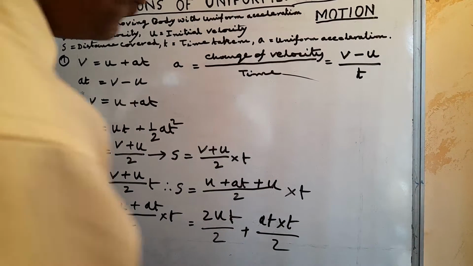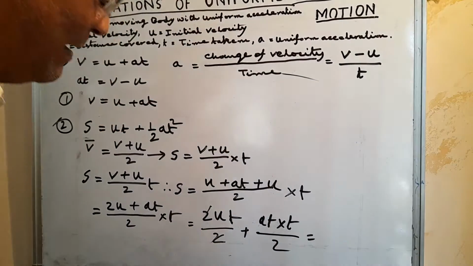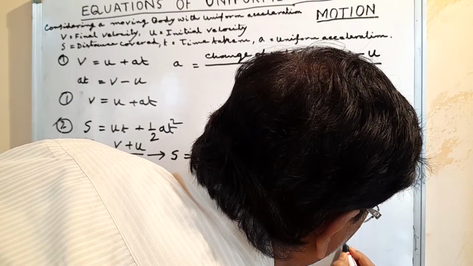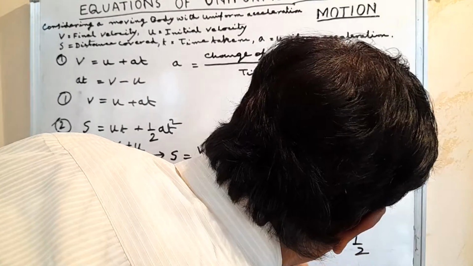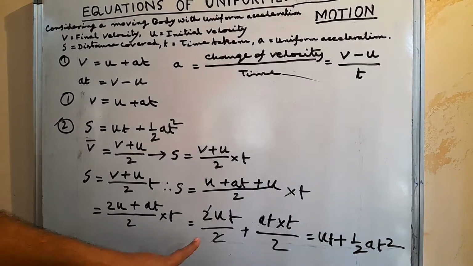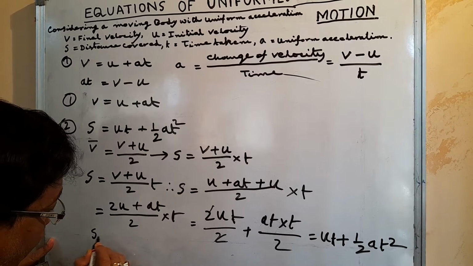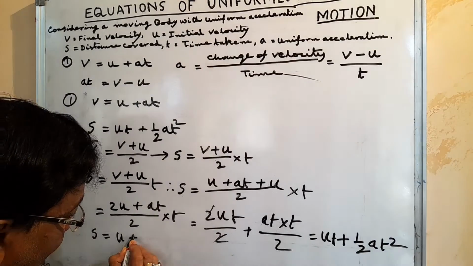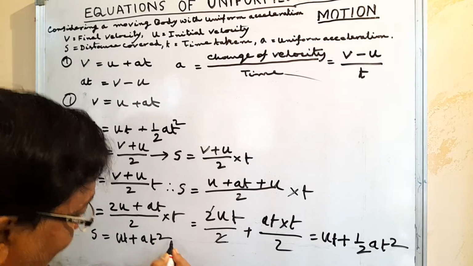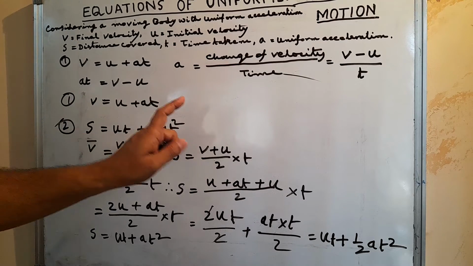So 2 will be cancelled, and this will be equal to ut plus half a t square. This is the second equation: s equal to ut plus half a t square. This is our second equation.